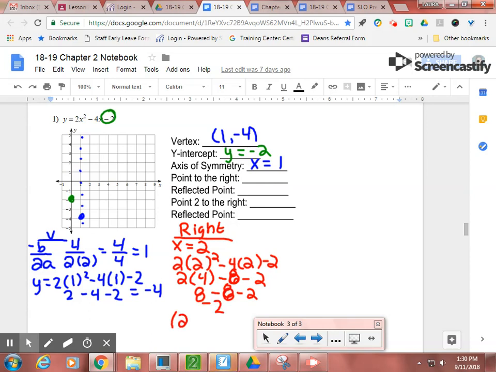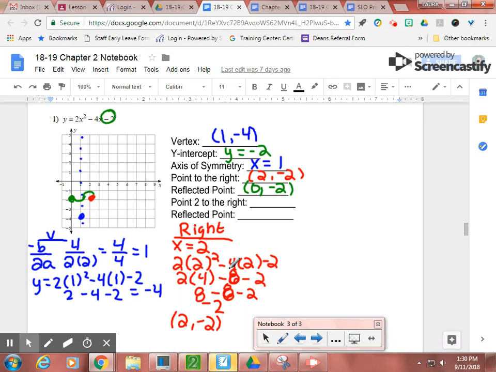Okay, so we plugged in the point 2 and got back negative 2. So the point is 2, negative 2. We graph that over 2, down 2. Then we reflect it across the axis. Well, that happens to be our y-intercept, so all we're doing is checking it. We're 1 away here, 1 away there. So we know that that's right, and to label that, that's the point 0, negative 2.